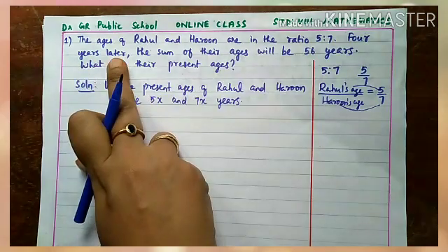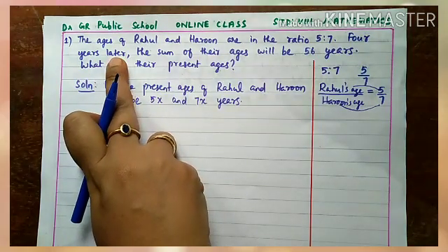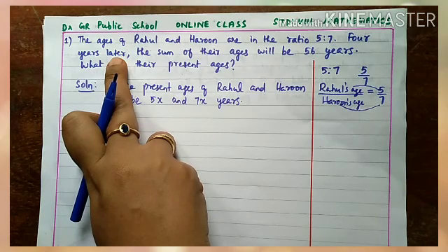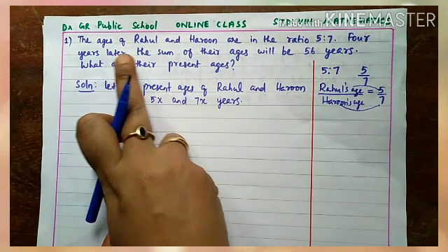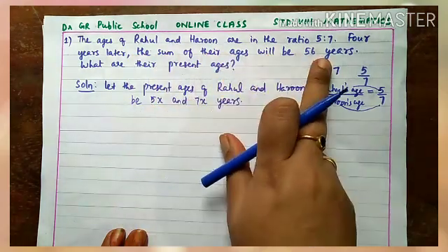4 years later. What do we mean by 4 years later? It means after 4 years. So after 4 years, their ages will each increase by 4, correct? We want to add 4. The sum of their ages will be 56 years.